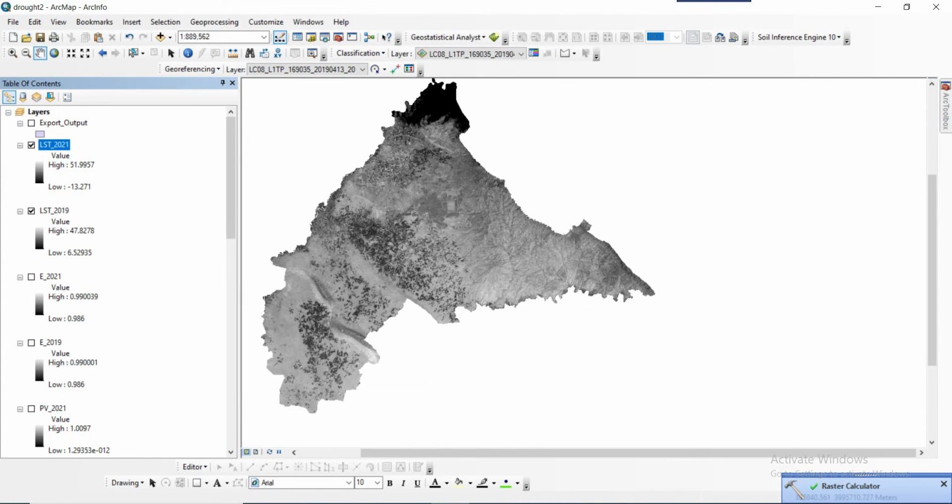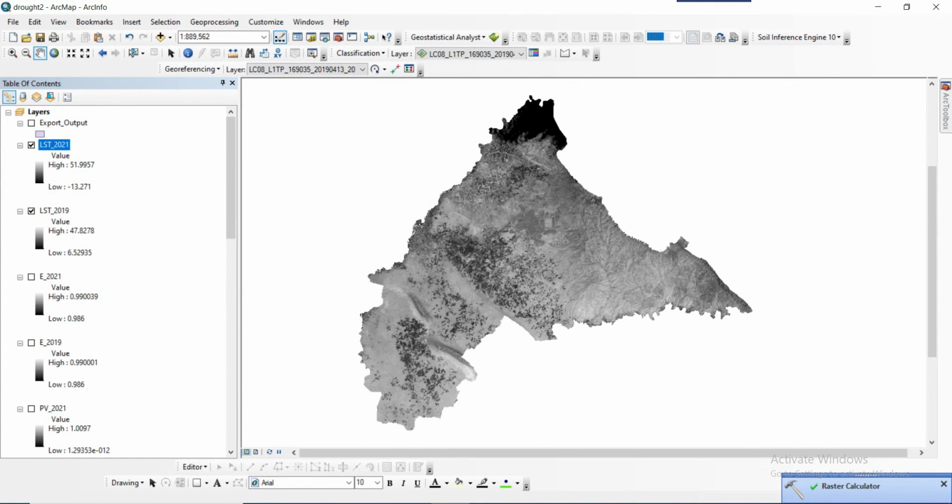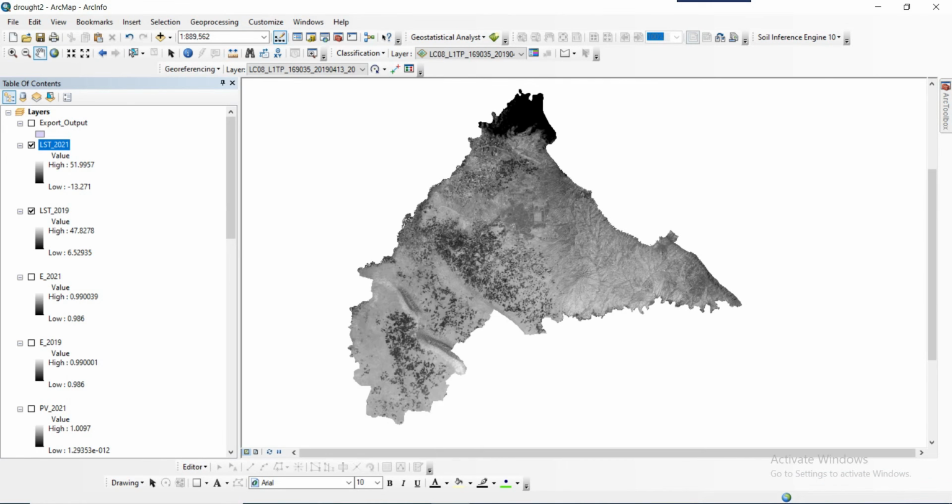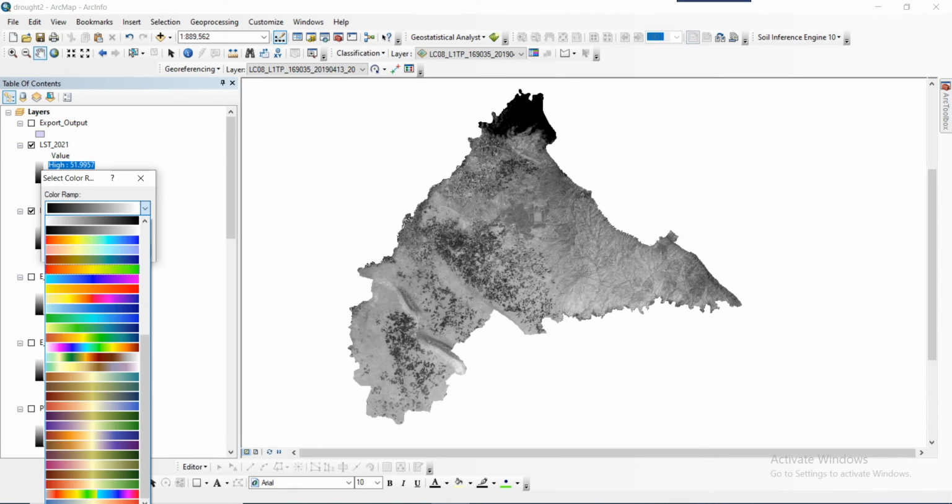So now we finish calculating the LST for 2019 and for 2021, as you notice. So let me change the color.